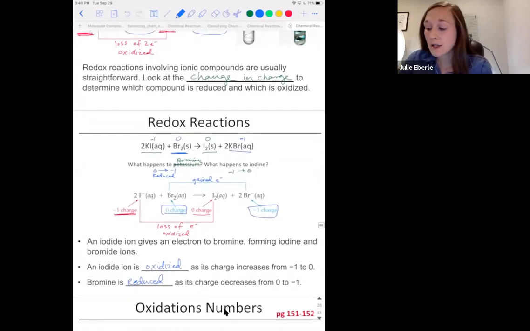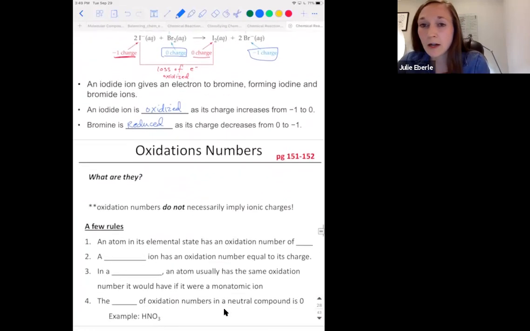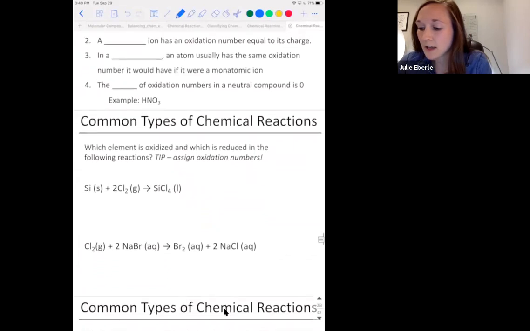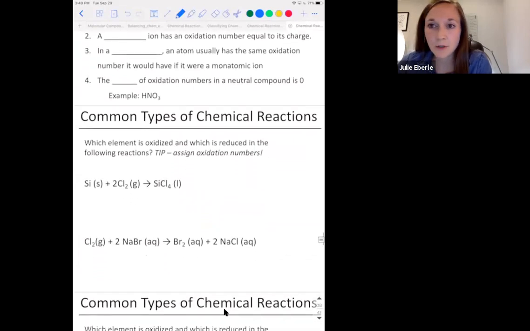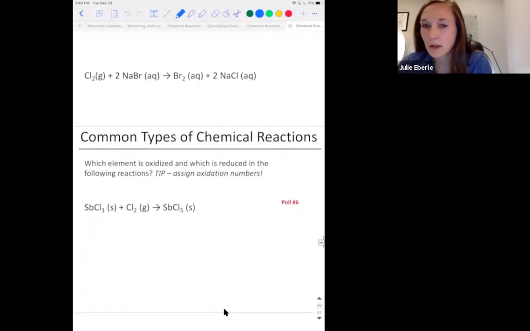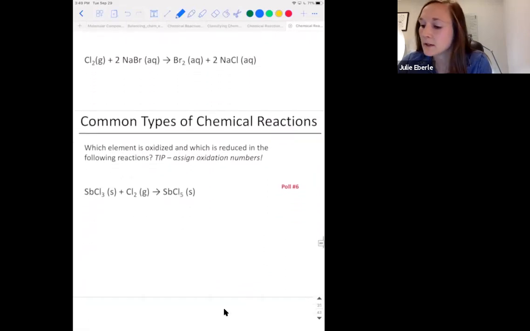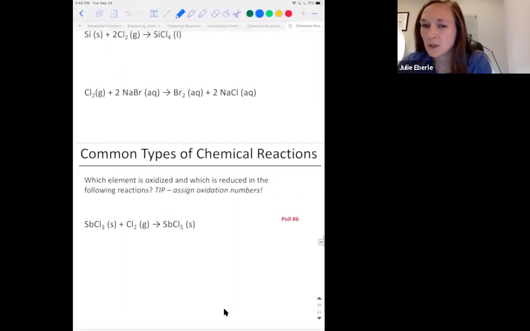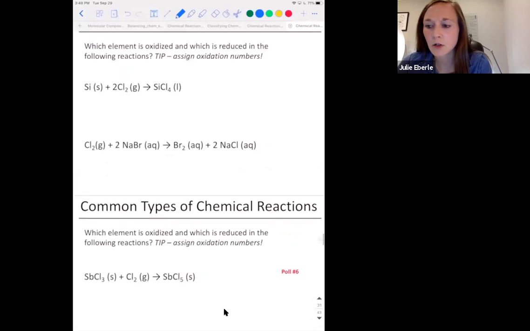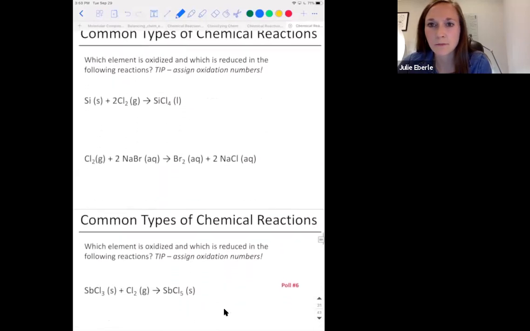So that's essentially it. There's several more slides. We're going to talk about oxidation numbers real quick. We're not going to get to these today, but I put a lot of examples for you to try to practice on your own. I was going to make a poll question about that. Do you guys have these in your slides from Blackboard, the ones you downloaded? Do y'all have these practice problems right here?